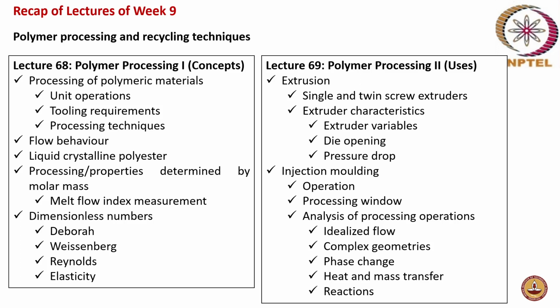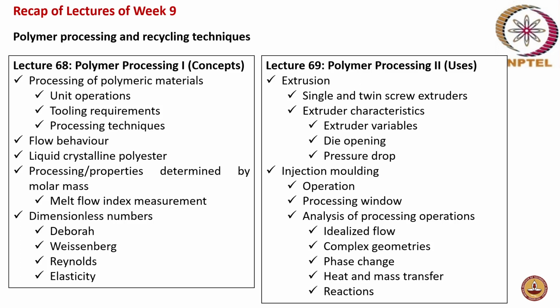the processing operation? For example, what is the idealized flow? There should be some set points, right? You will have some set points in order to understand the flow behavior in polymer processing, because obviously in polymer processing there will be some flow happening, right? It has to pass through some extruder, it has to pass through some roller. So in each of these there will be different shear rates happening, correct?